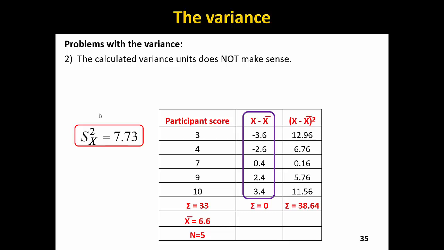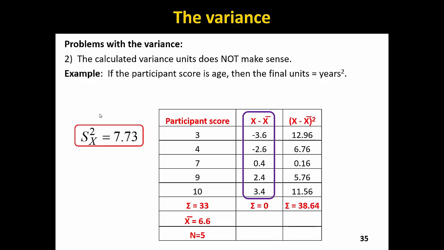The second problem is that the calculated variance units actually do not make sense. Let's suppose we were measuring participant age. We know that the units for age is years, but when we calculate 3 years subtract 6.6 years, we get negative 3.6 years.